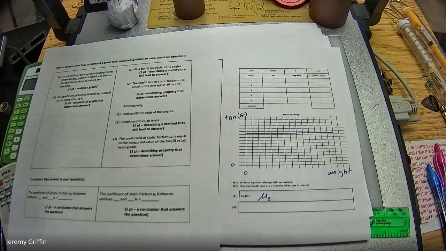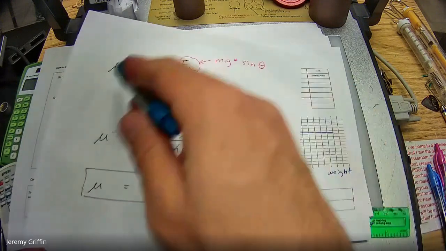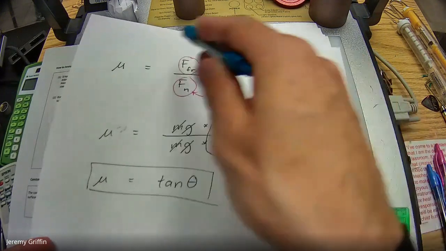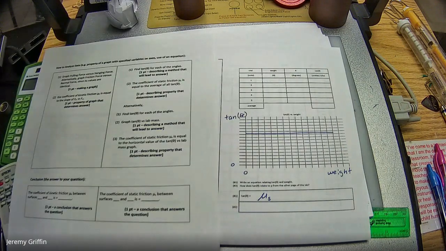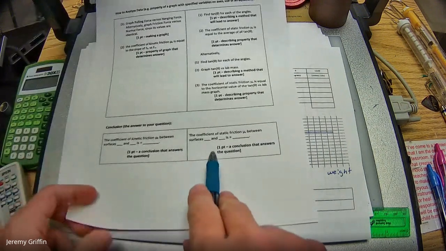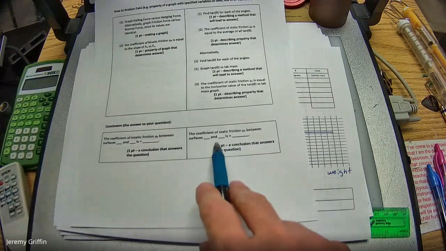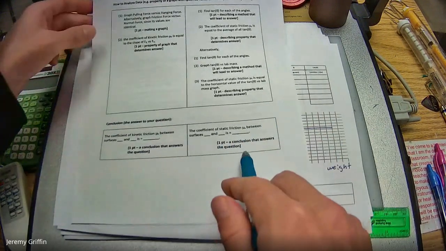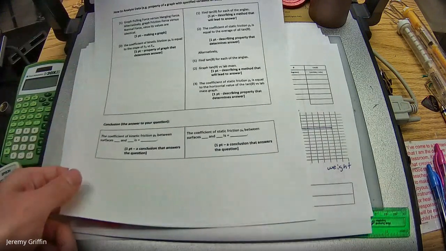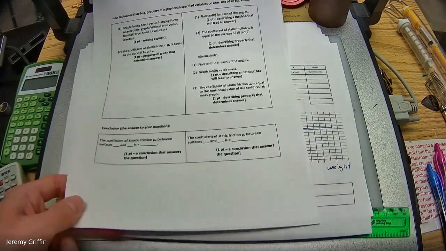That's usually how they award points. So really ideally you should have this proof as part of your data analysis if you did the incline method. Okay. And then, of course, conclusion, coefficient of static friction between the surfaces is something, maybe like 0.4 or something, right? So 1 point for a conclusion that answers the question being, what is the coefficient of friction?